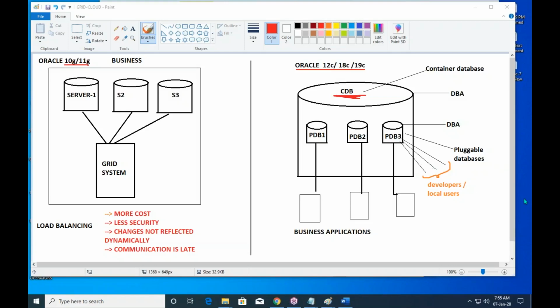Here you are using a big database server. In this big space, reserve some space. I am reserving some space for branch 1 and I am reserving some space for branch 2 and reserve some space for branch 3.